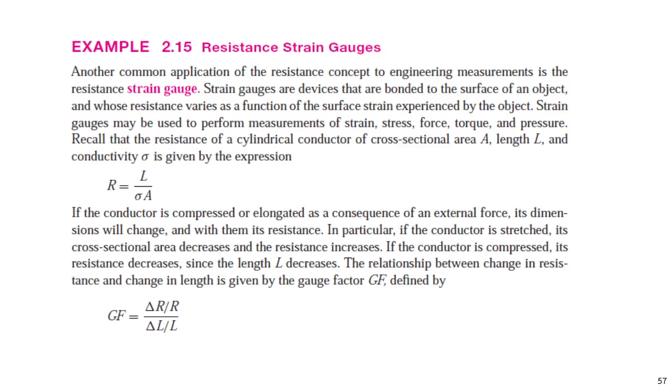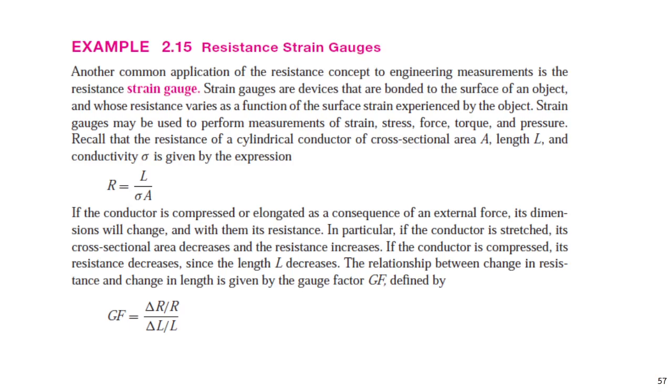We have one common measurement device known as a strain gauge. A strain gauge is a device to measure weight or pressure. If we place a force on this sensor, its resistance will change.